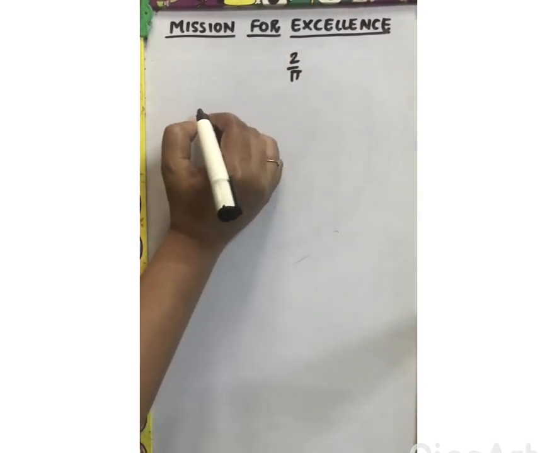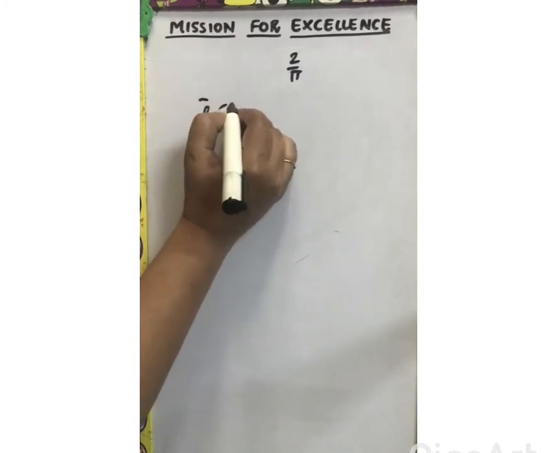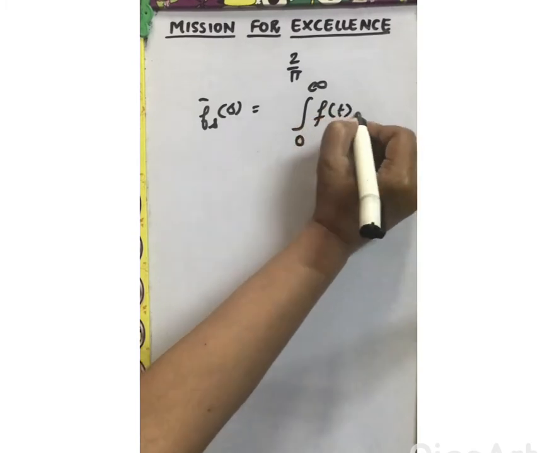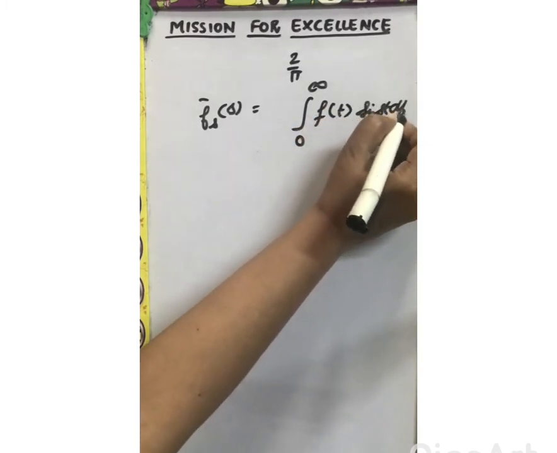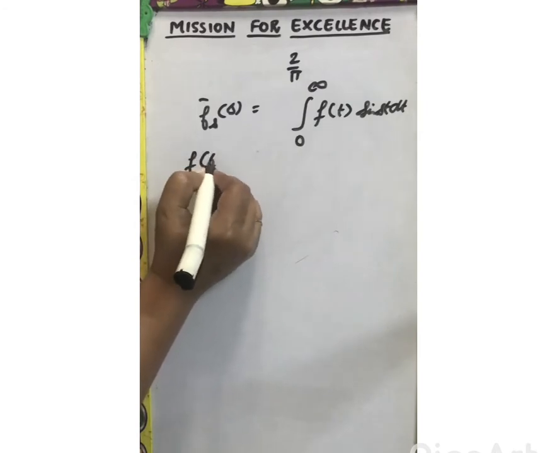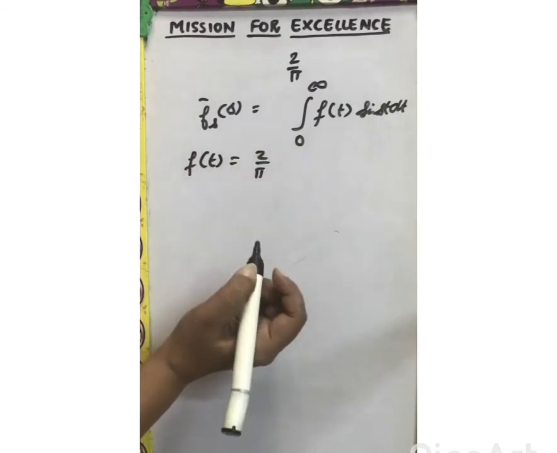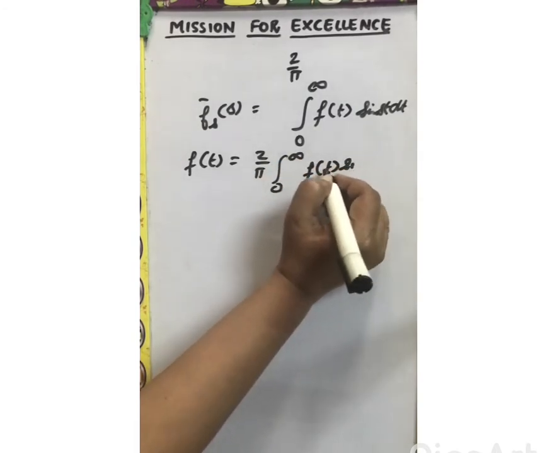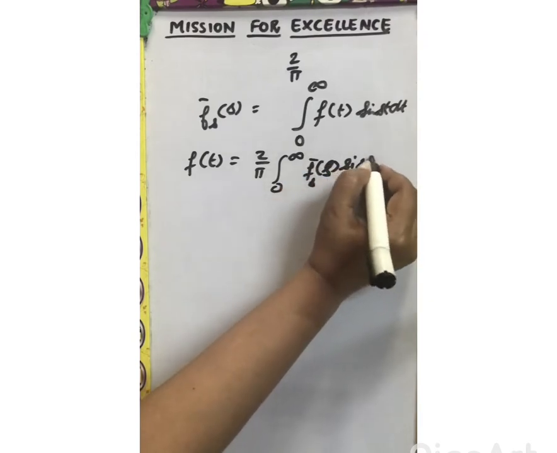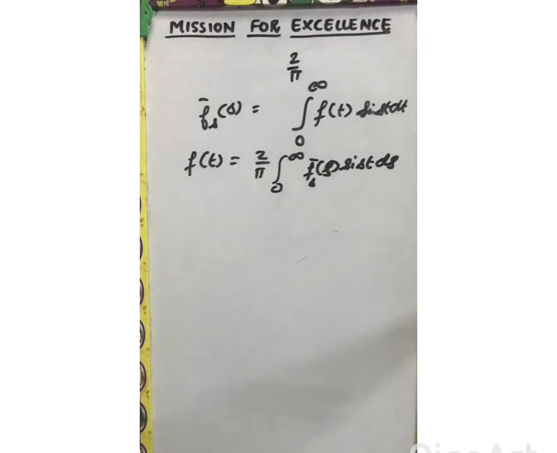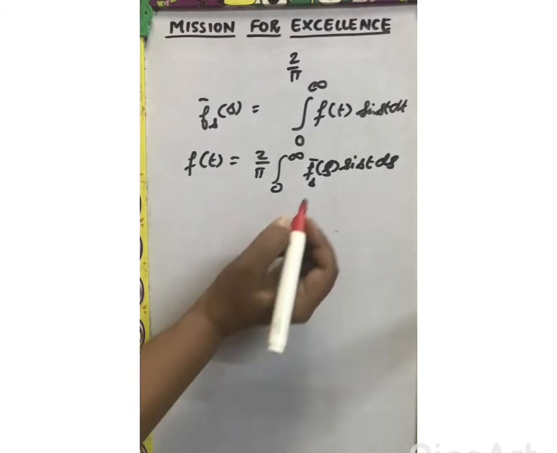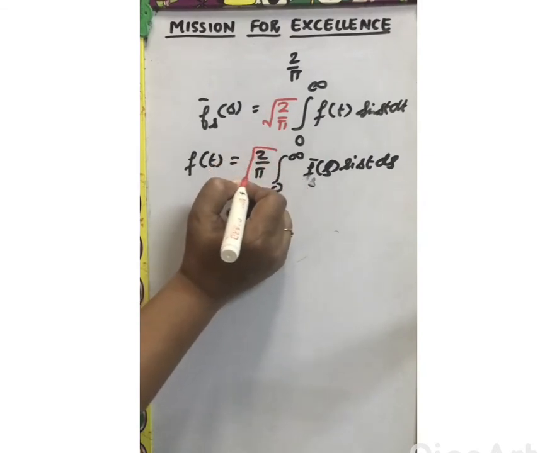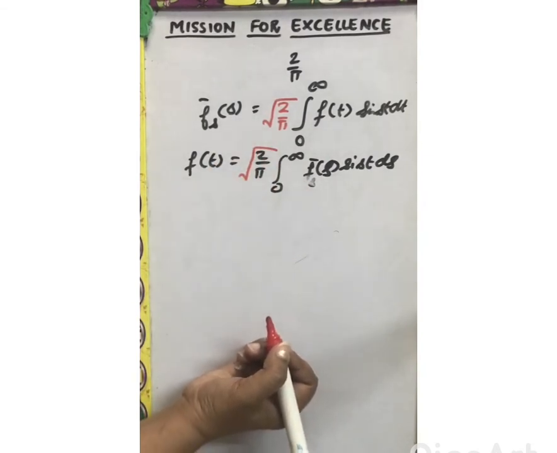So if you take the Fourier sine transform as 0 to infinity f(t) sin(st) dt, then in the inverse transform you must take 2 by pi, 0 to infinity f bar s sin(st) ds. Similarly, if you take root 2 by pi here, then we take root 2 by pi there.